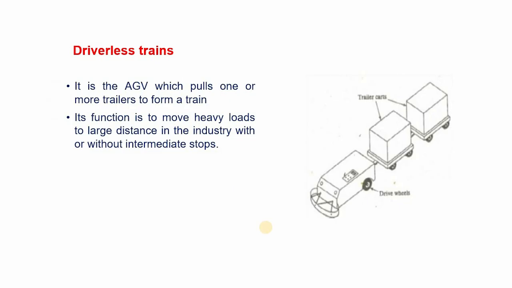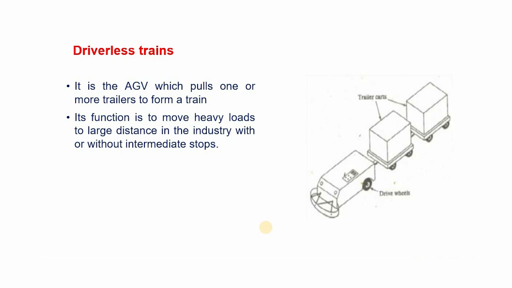Driverless trains. This is similar to the kind of trains which pull one or more trailers to form a train. In this automated guided vehicle system, a number of boxes or trailers form a train to pull the various materials or devices.